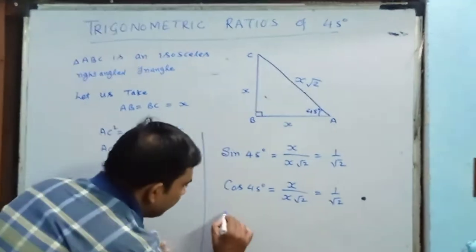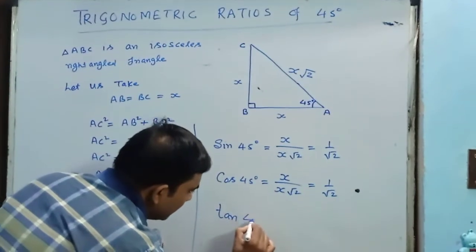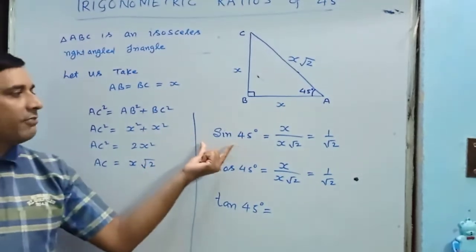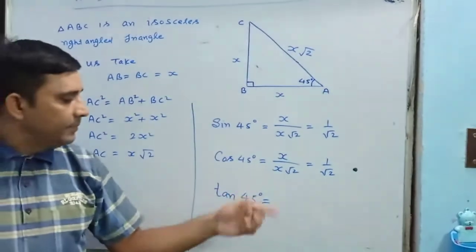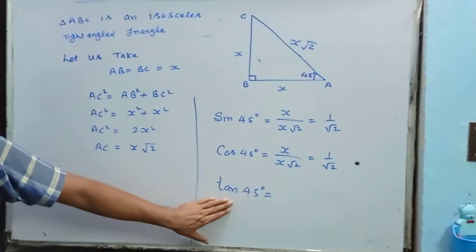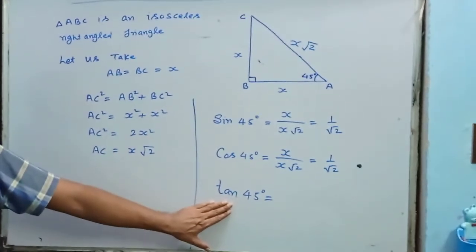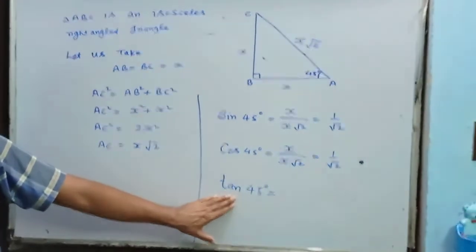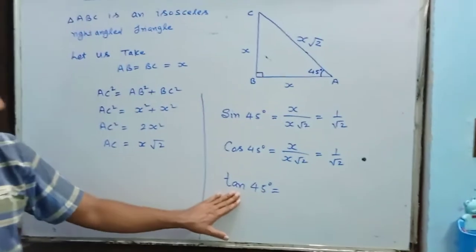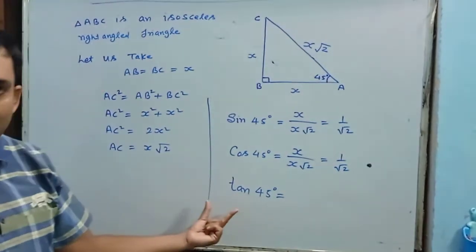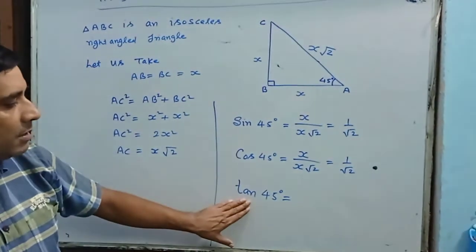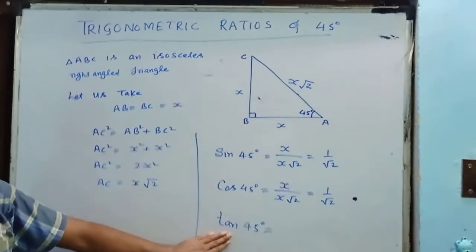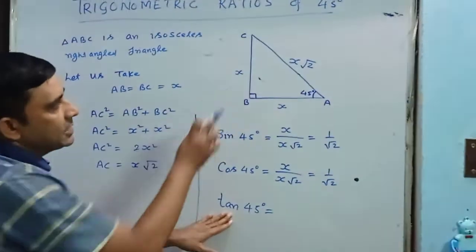In the same way, we can find the value of tan 45. See here, if you have got the value of sine 45 and cos 45, then you can use the formula tan 45 is equal to sine 45 degree upon cos 45 degree. By using that formula, you can find the value of tan 45, or you can use by definition tan of any angle, it is ratio of perpendicular to base.